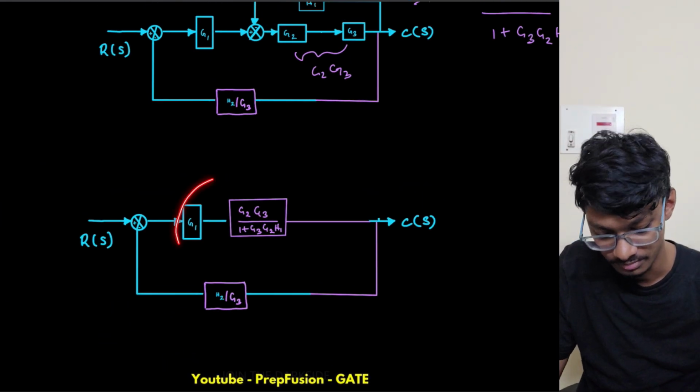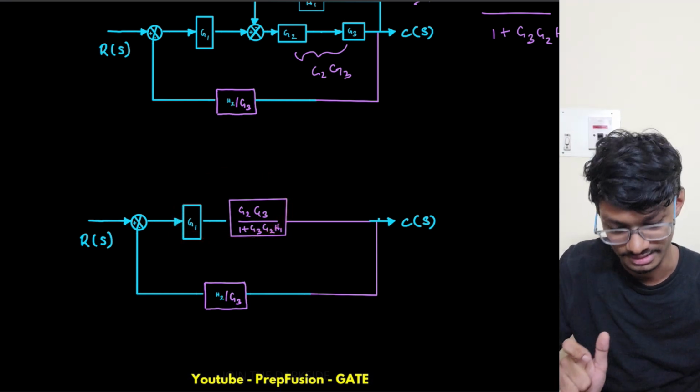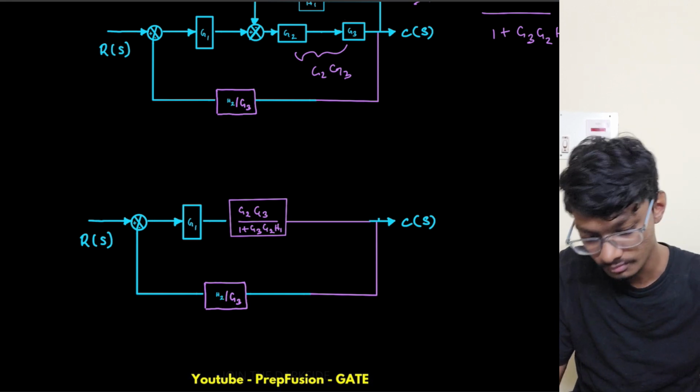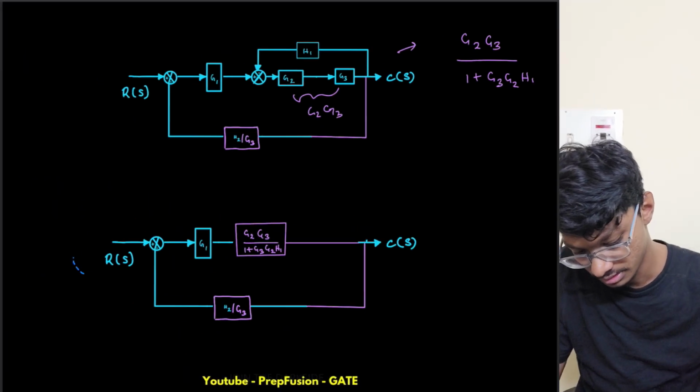Now I simply multiply these two, since they are connected in cascade. Then I will again use the negative feedback formula.